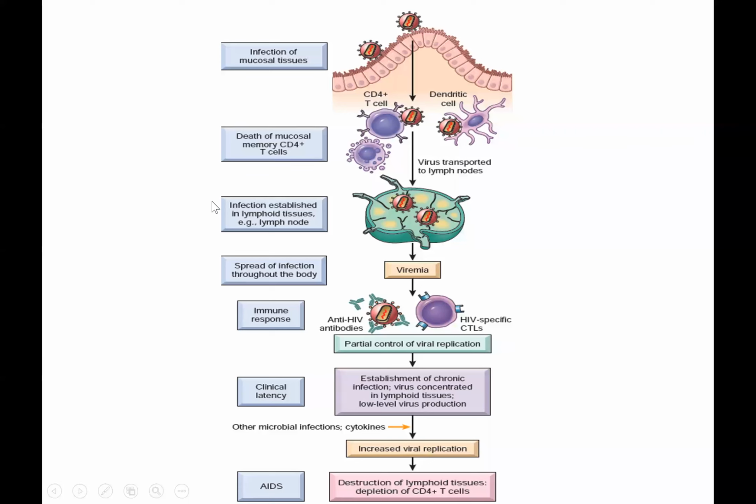Initially, there is the acute retroviral illness phase, and then you have the clinical latency. The CD4 is expected to go down, as I have mentioned, to a critical level of around 200, as the cutoff you should monitor among these patients.